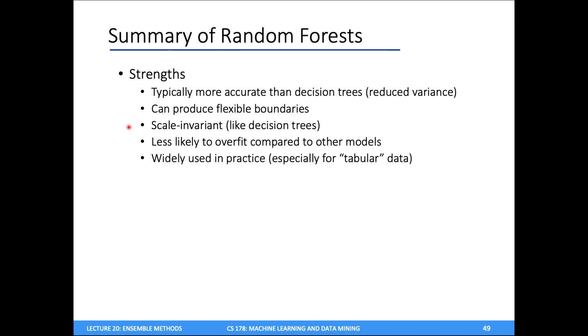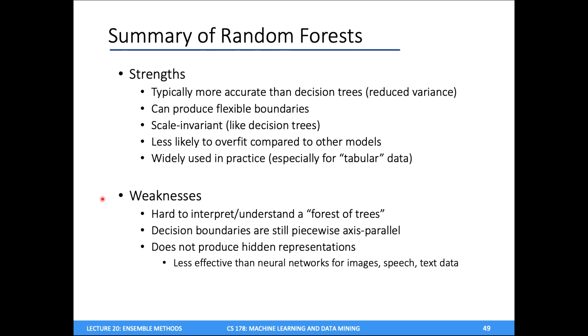We don't need to scale it. Again, we've seen that these models are less likely to overfit compared to other models. And in the real world, these are very widely used. Random forests are the wrench in a practitioner's toolbox. Everyone reaches for these first. These are especially good for tabular data sets, like medical diagnostic tasks, anything where your data is just rows in some Excel table.